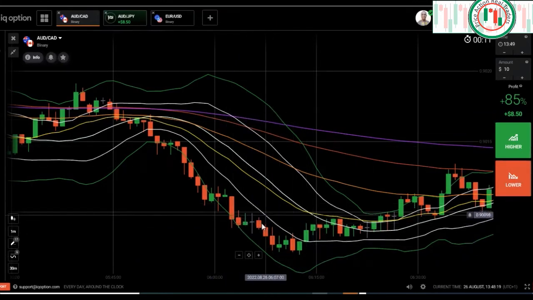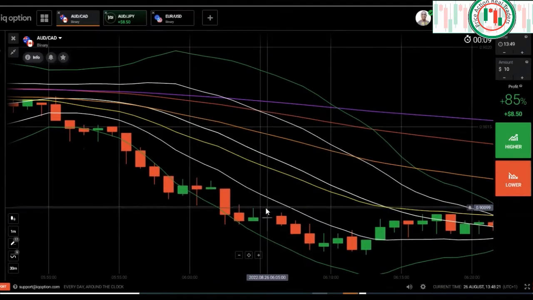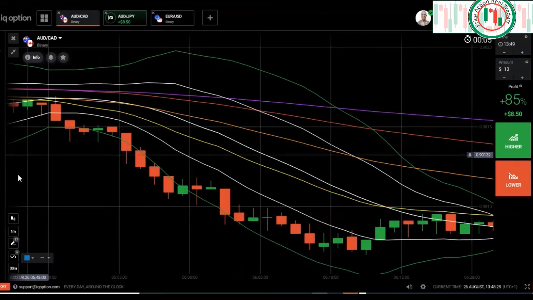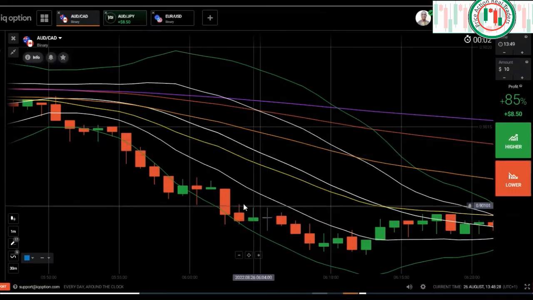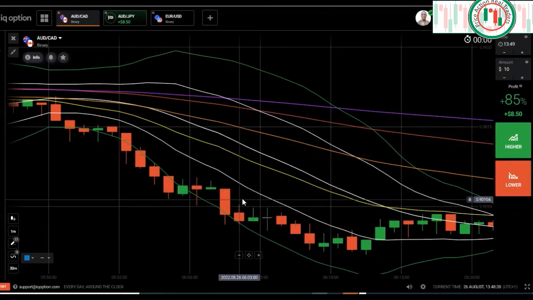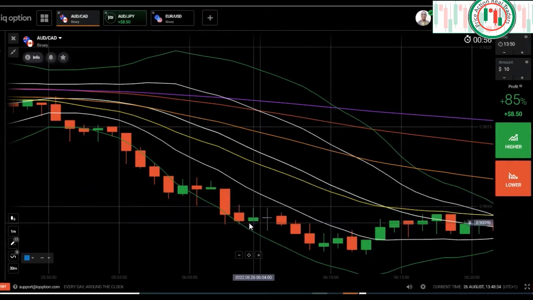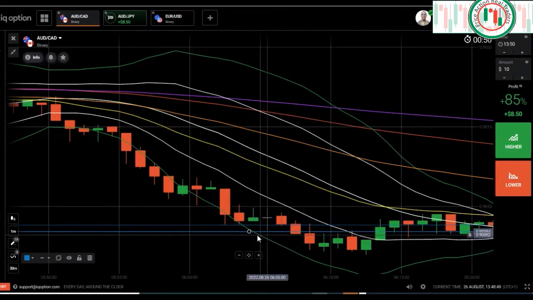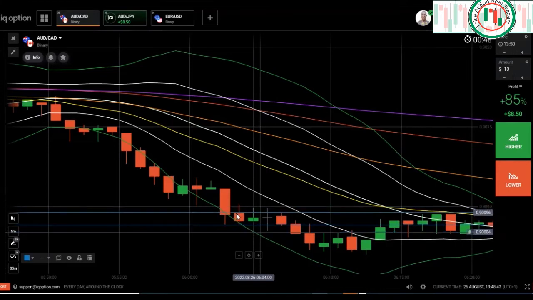So here, anywhere you see engulfing, you can take your trade here easily. You see, this is the engulfing. Here is engulfing. Here is another engulfing. This is another engulfing zone. Here and here.